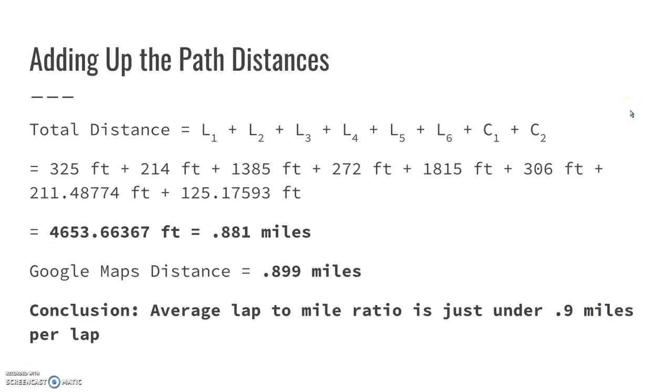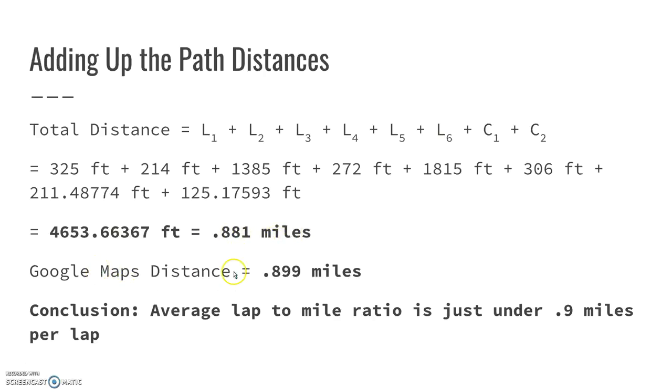And finally, I added up all these distances in order to find the total distance of the path. I added up the 6 lines and the 2 curves. In the end, that total distance ended up being 4,653 feet, or approximately 0.881 miles.